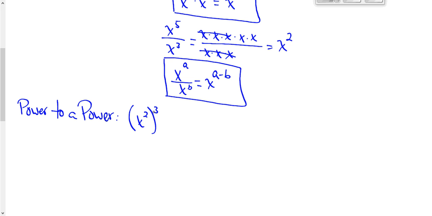Wouldn't that just be x squared times x squared times x squared? And then by the rule we just did, this would be x to the what? 6, yeah. X to the 6th power, right? For power to a power.